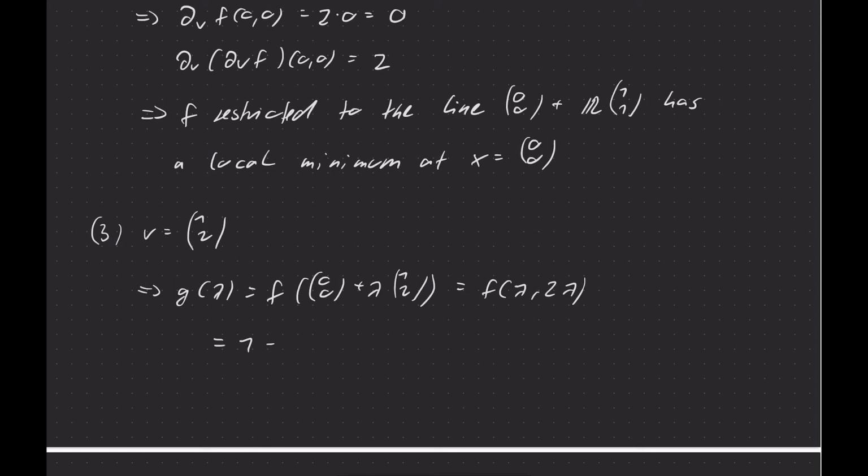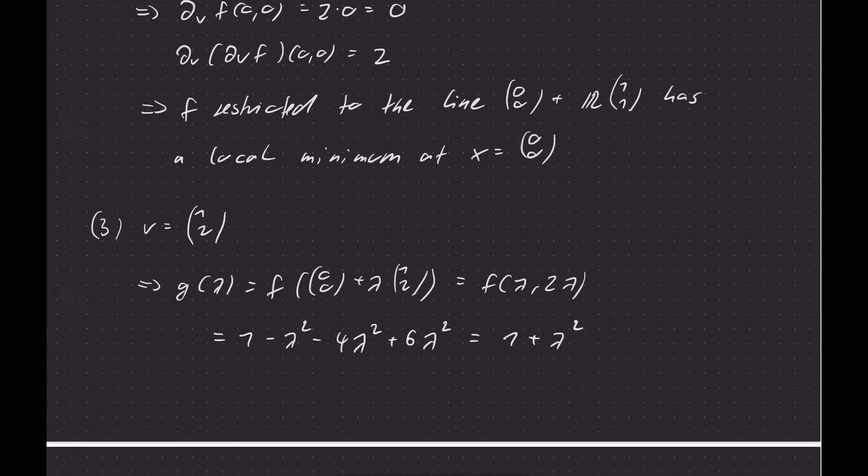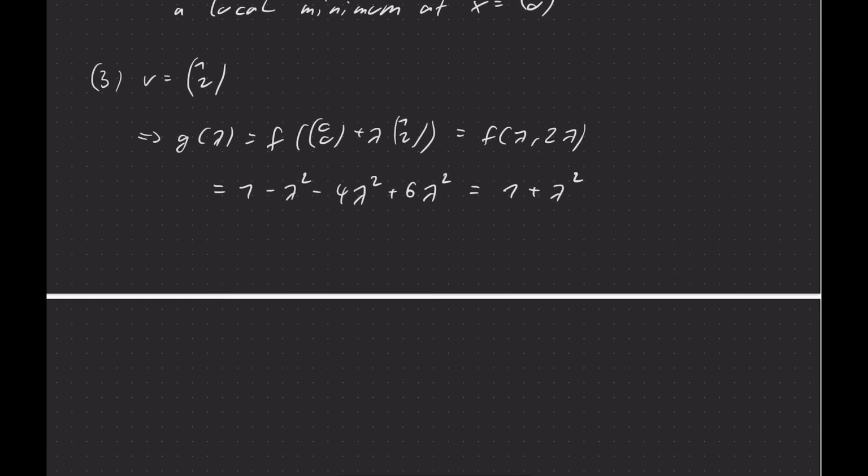So we get f equals 1 minus lambda squared minus 2 squared lambda squared, so 4 lambda squared, plus 3 times lambda times 2 lambda, that is 6 lambda squared. And the result is, again, 1 plus lambda squared. So g behaves the same on this line as it behaved on the 1, 1 line. And again, f has a local minimum at 0, 0.